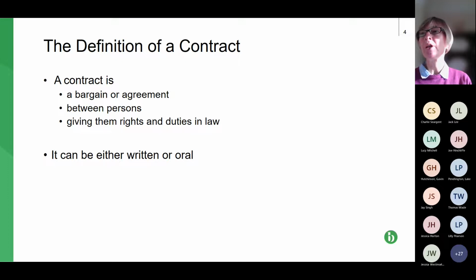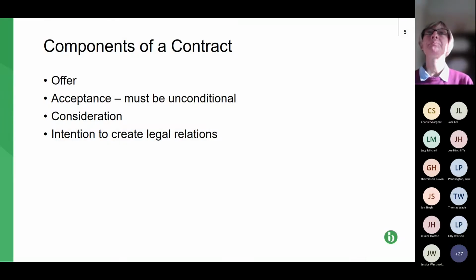Spoiler alert, typically they don't, but we're going to look at situations where they do and where they're not actually a contract. The other typical situation is where the work started, the contract's pretty much been agreed in terms of a document, but it possibly hasn't been signed by one or both of the parties.